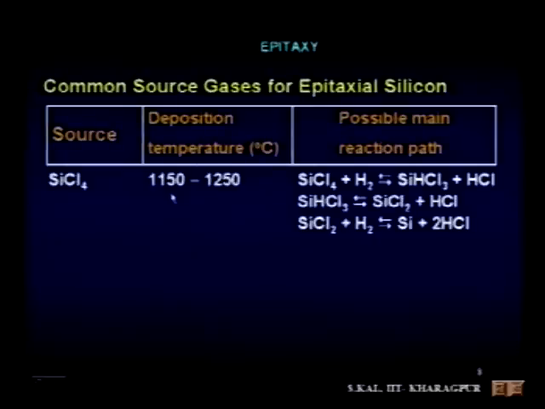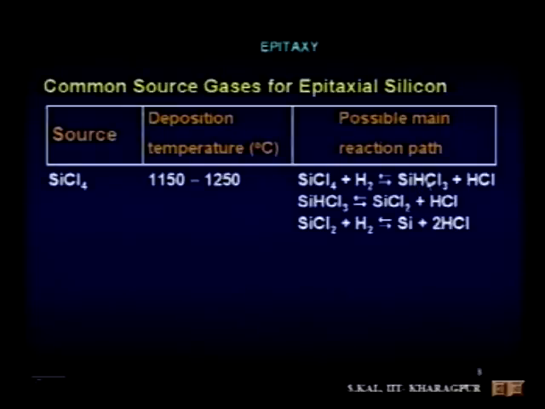The source gas for this hydrogen reduction reaction is silicon tetrachloride, SiCl4, and the reaction takes place at 1150 to 1250 degrees centigrade, and the reaction paths are not direct. A 3-step reaction takes place. In the first step, silicon tetrachloride with hydrogen gives SiHCl3 plus HCl, and SiHCl3 is trichlorosilane.